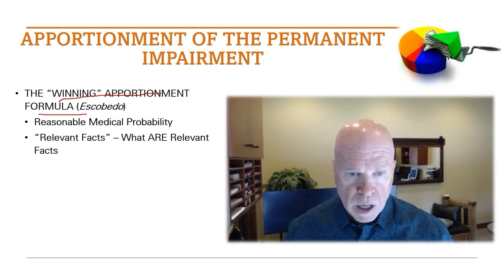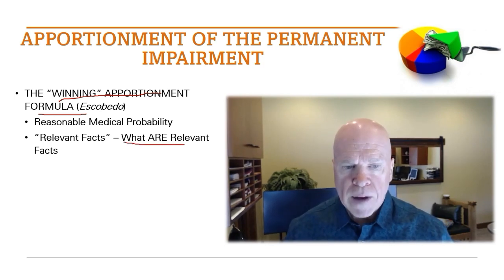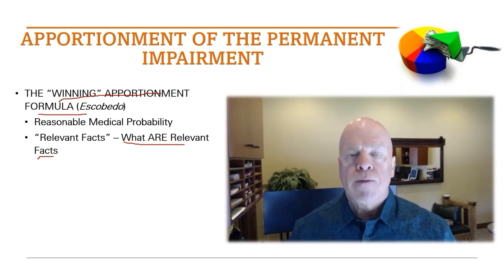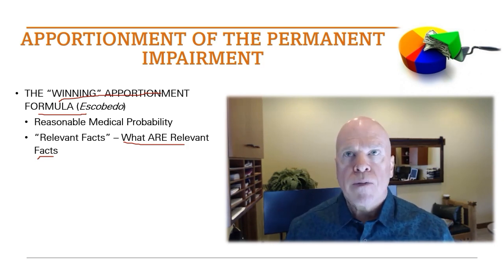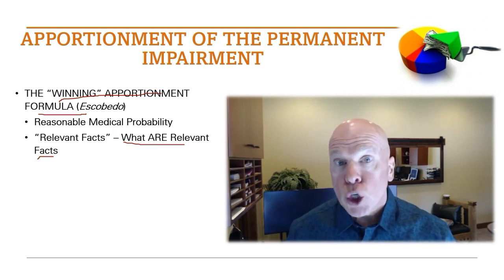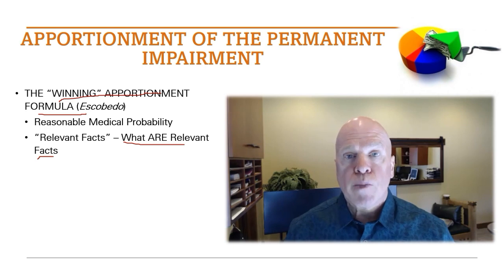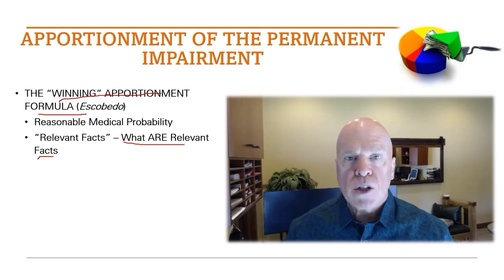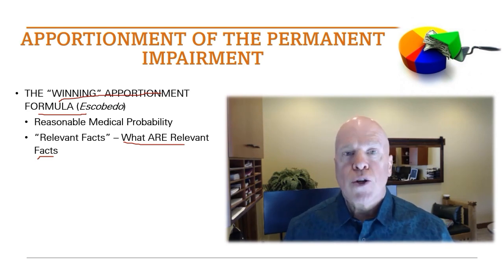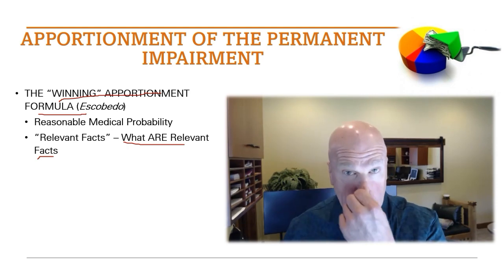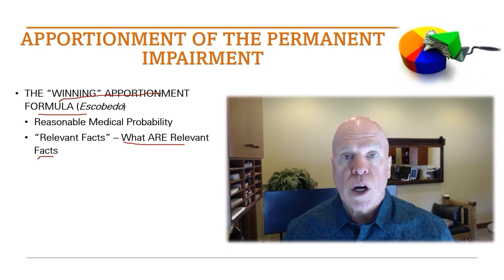Now it's interesting, when we talk about relevant facts, what are relevant facts? And what should the facts be relevant to? Well, the facts should be relevant to your percentages. So you're saying in the body of your report, 80% of the impairment is due to the industrial injury and 20% is due to other factors.